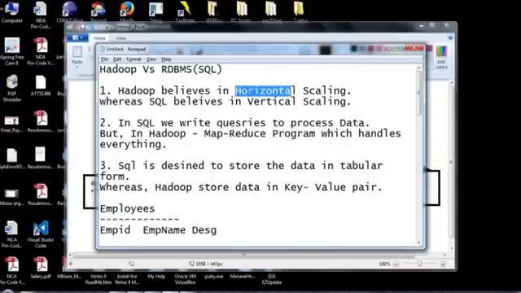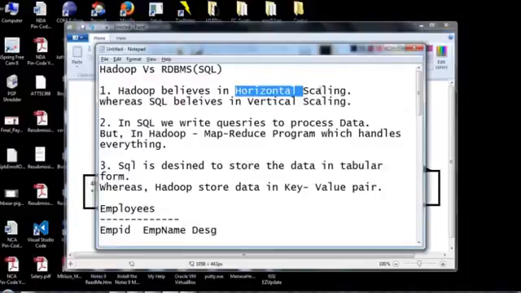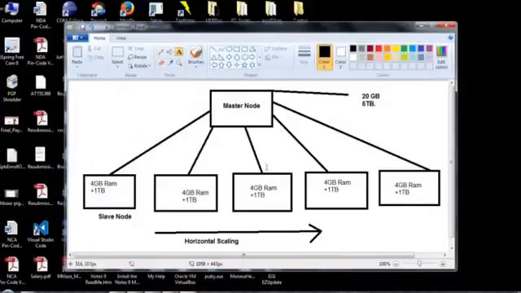Horizontal scaling means connecting a lot of systems and expecting the combined capacity of those systems as the entire capacity, and vertical scaling is upgrading a single system.